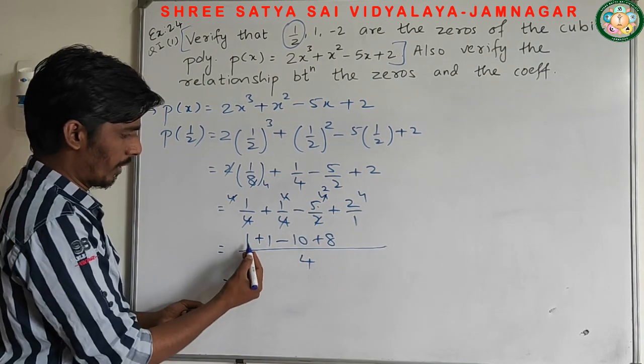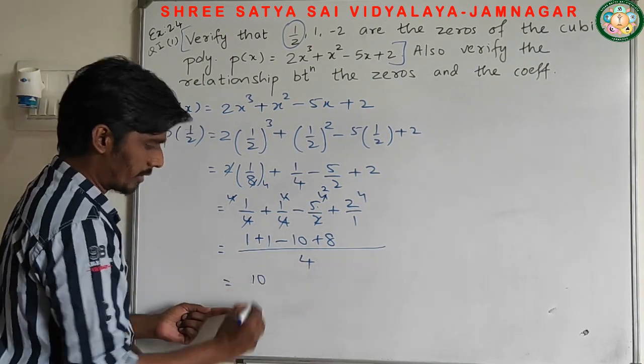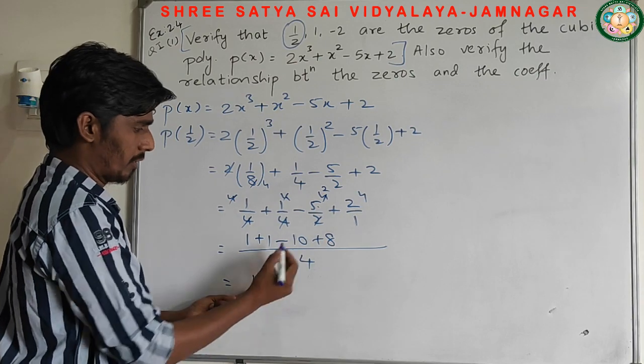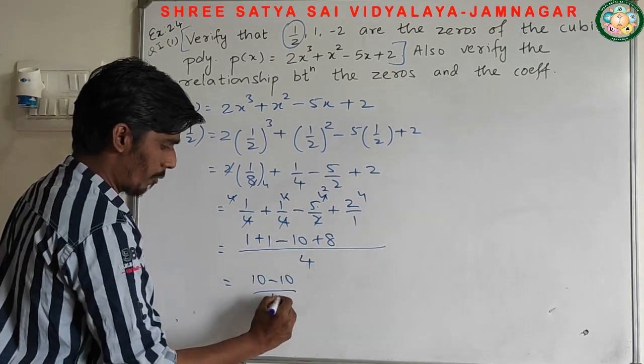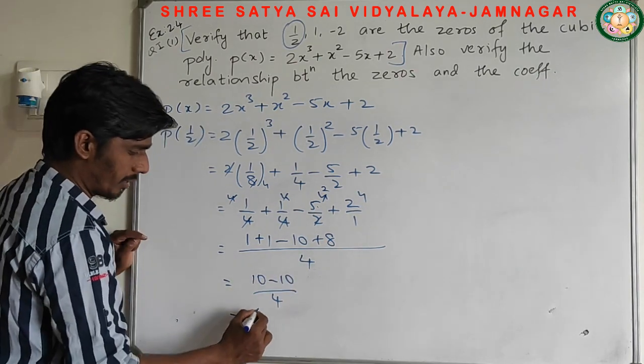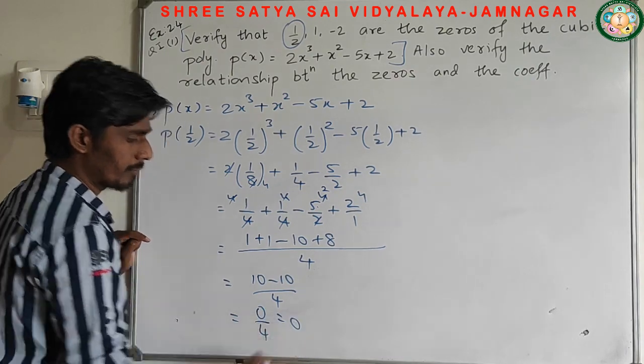Add the numerator, 1 plus 1 plus 8 is how much? 10. 1 plus 1 plus 8 minus 10 upon 4. So 10 minus 10 is 0 upon 4 and we got 0.